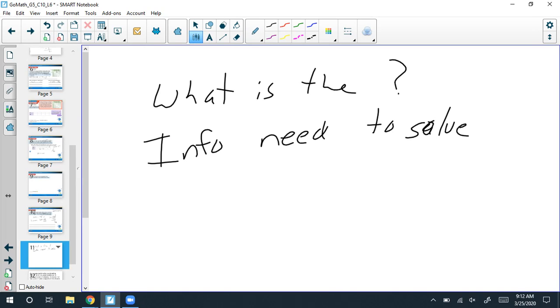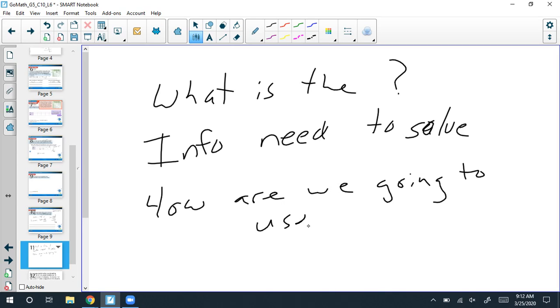After we figure out what information we need, we need to figure out how we are going to use it. In our lesson today, we used a lot of charts, but sometimes we need to draw pictures, sometimes we just have to add, subtract, multiply, or divide, but we need to figure out how we are going to use that information to solve the problem.